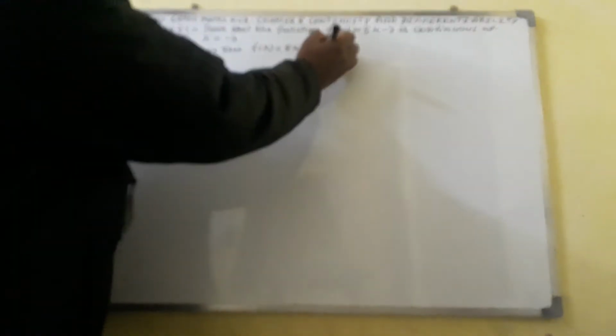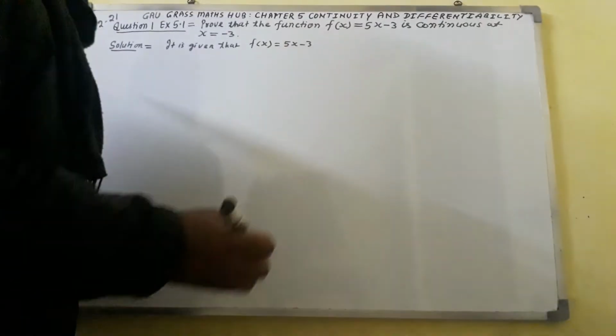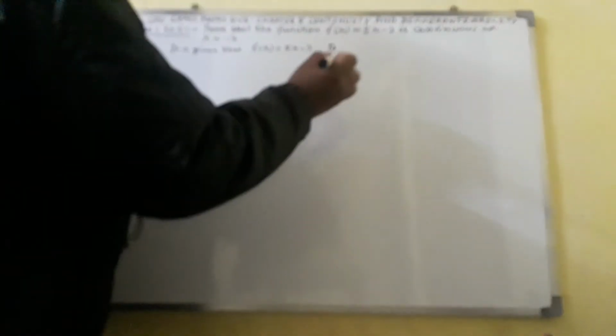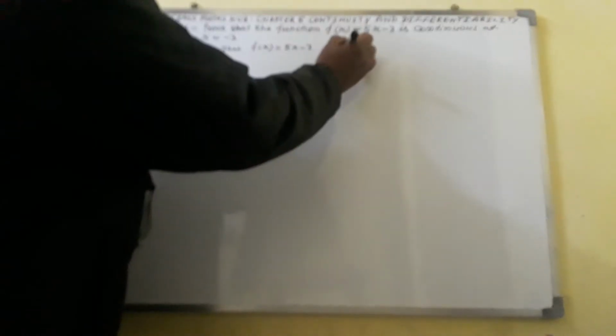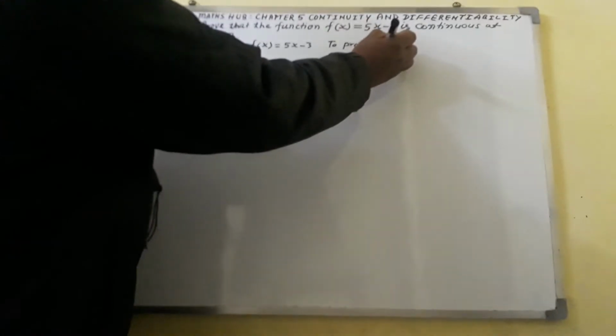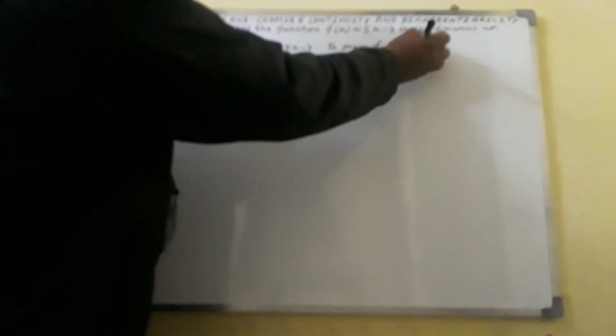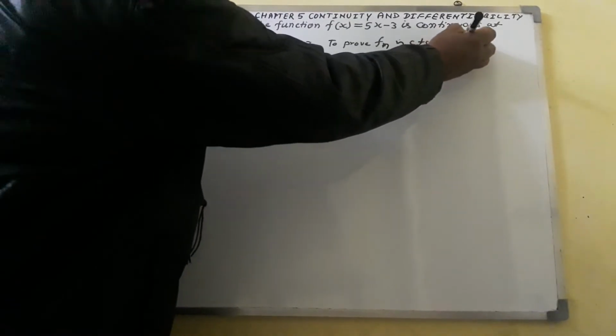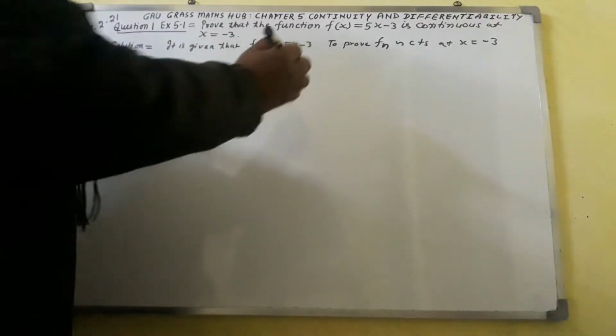To prove the function is continuous at x equal to minus 3. It is given that f of x equal to 5x minus 3. This is the function. To prove function is continuous at x equal to minus 3.